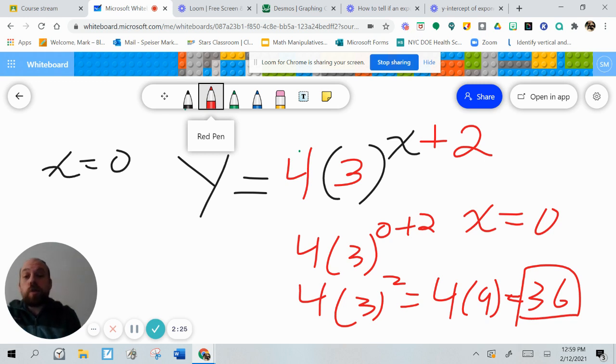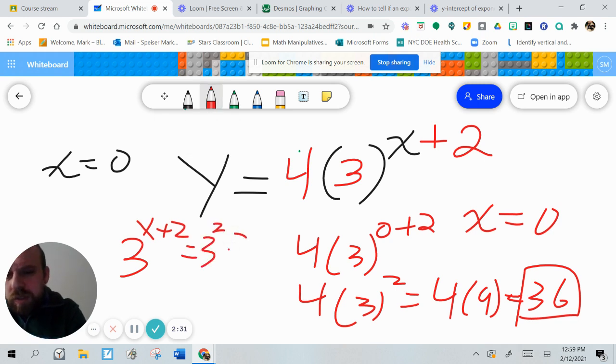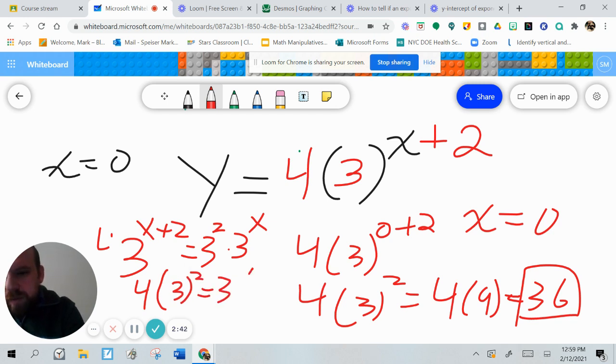Another way to look at it is you could break up 3 to the x plus 2 into 3 squared times 3 to the x. And then if you multiply that by 4, 4 times 3 squared is 36. It's another way of looking at it.